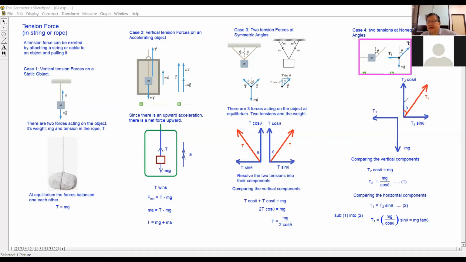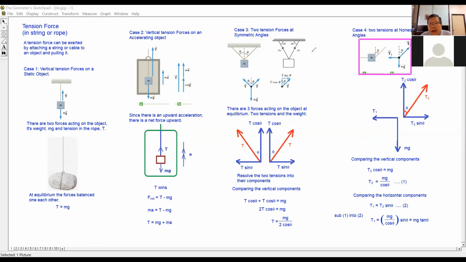The other component is not adjacent to the angle. This is not the angle theta. And this component is T2 sine theta. So I resolve the tension number 2 into two components.